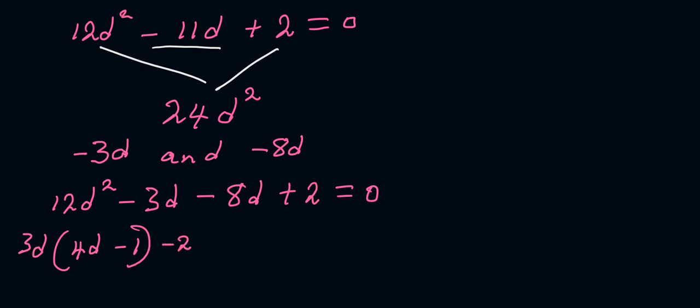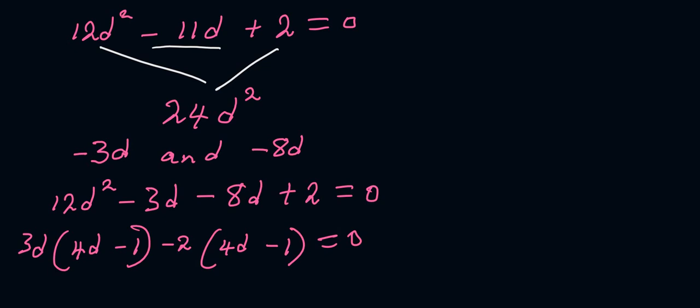So now, negative 8d divided by negative 2 is going to give us positive 4d. And plus 2 divided by negative 2 will give us negative 1, equal 0. So now you can see we have 4d minus 1 in both parentheses. It's common to both parentheses.